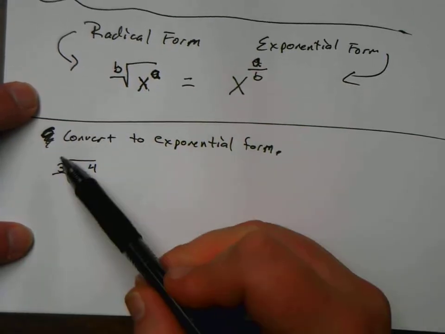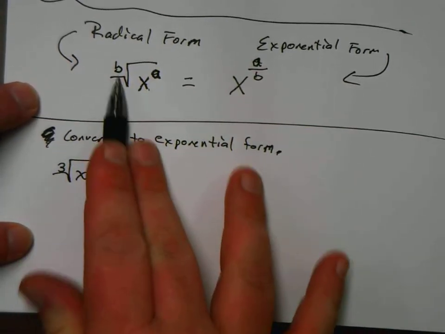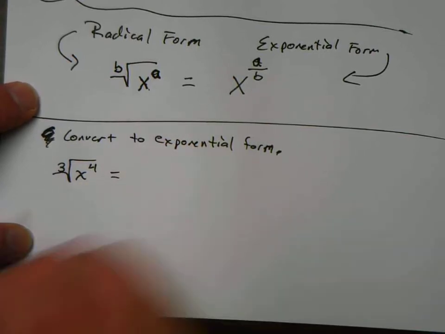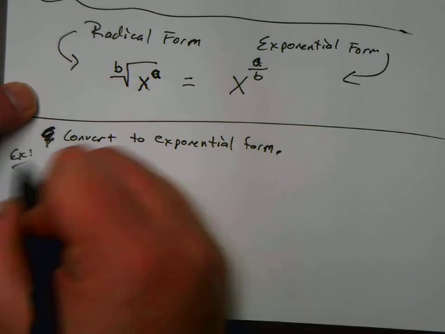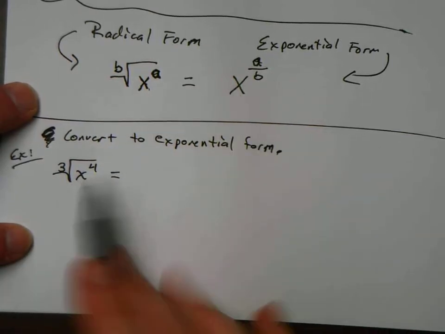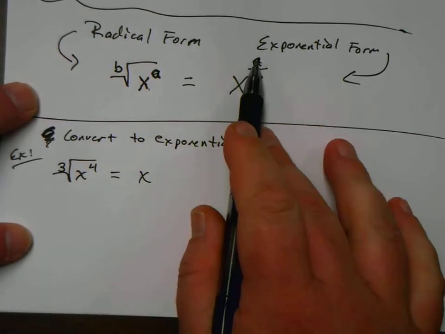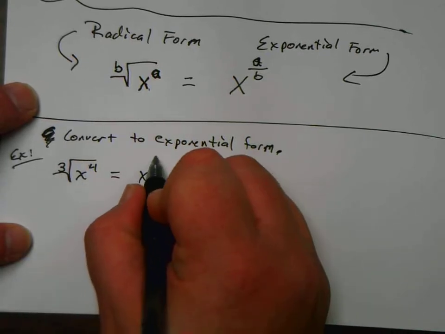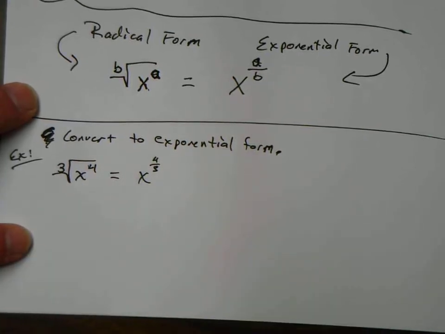Well, now we can just pattern match, right? My index is a 3, my exponent is a 4, and I know that my base is x, so I'll have x raised to a over b, so here's my a and there's my b, so it would be raised to the 4/3 power.